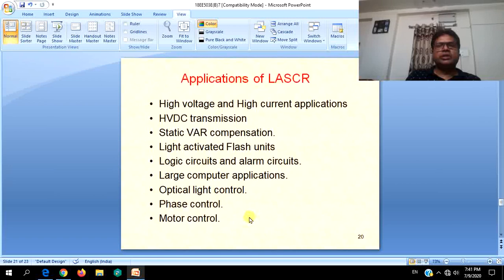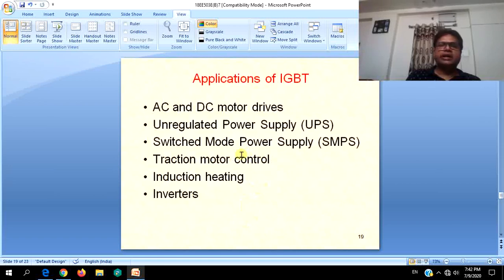So these are the applications of LASCR, and IGBTs are used for high rated, high voltage, high current applications in AC and DC motor drives, UPS, uninterrupted power supplies, which we most commonly use, switched mode power supplies, traction motor control, induction heating, inverters.